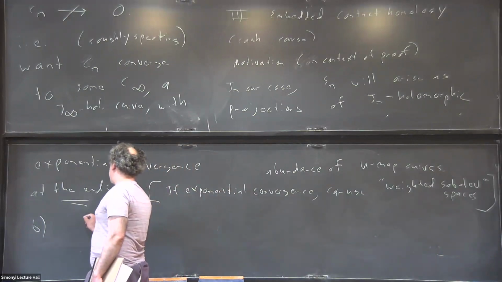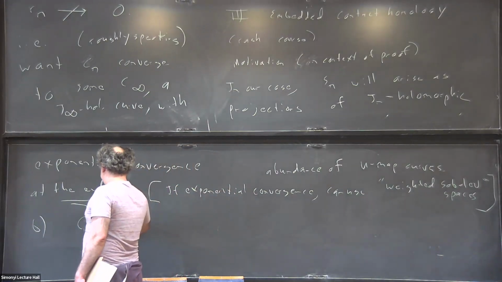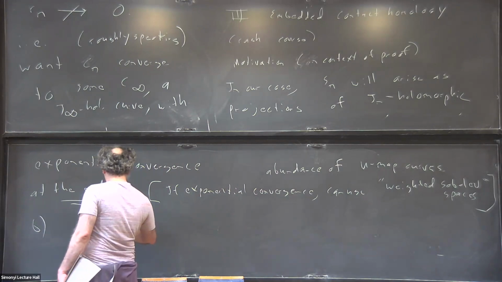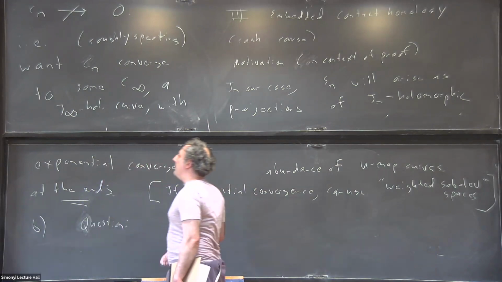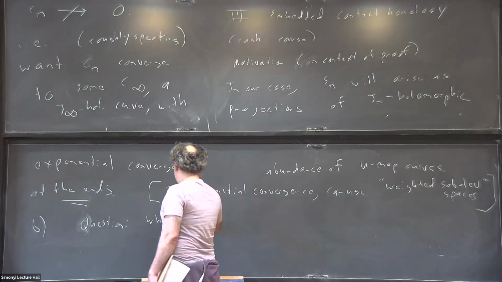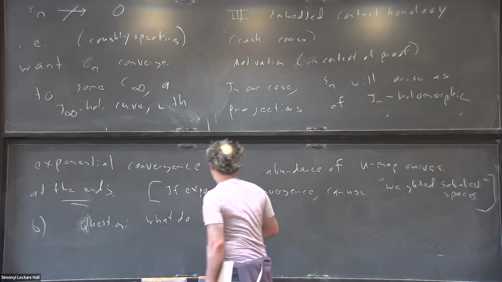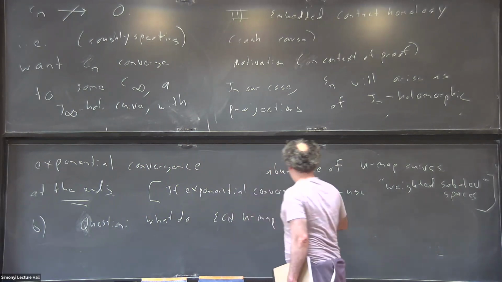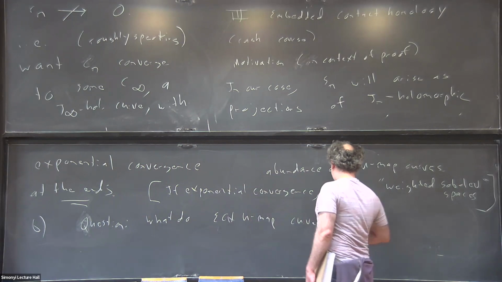So here's a question. What do ECH U map curves look like?